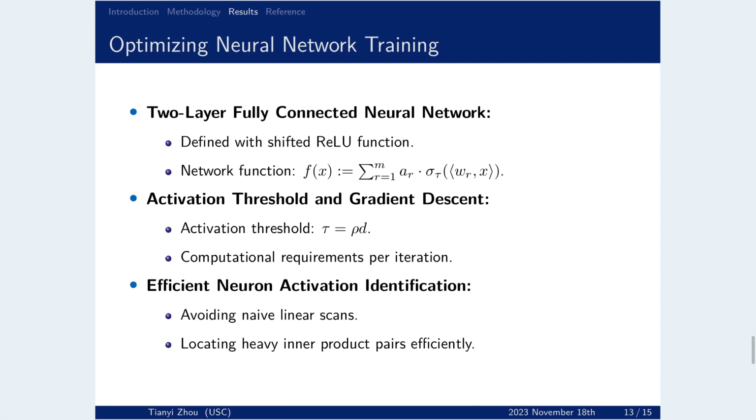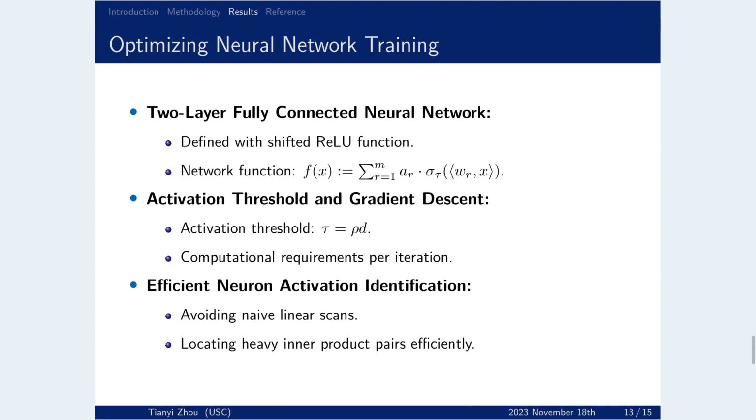So when we consider a two-layer fully connected neural network with m hidden neurons, utilizing this shifted ReLU activation, the network function is described as the following. This is a two-layer neural network, and the sigma here is the shifted ReLU function.